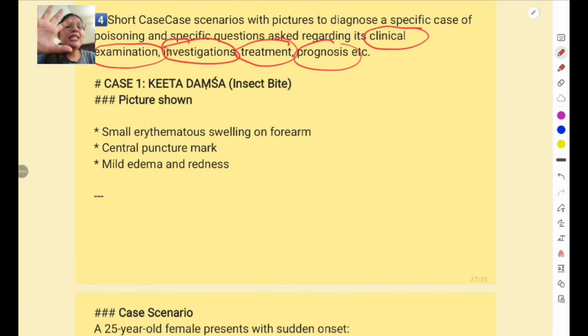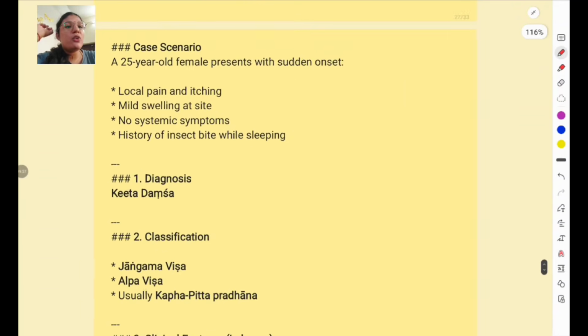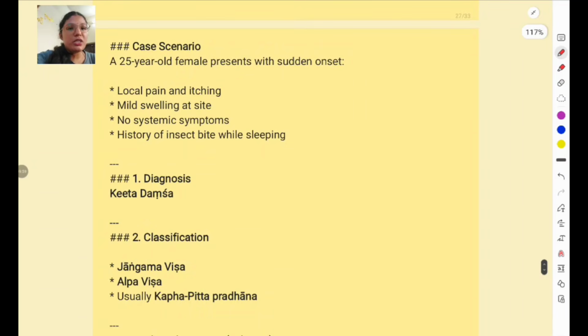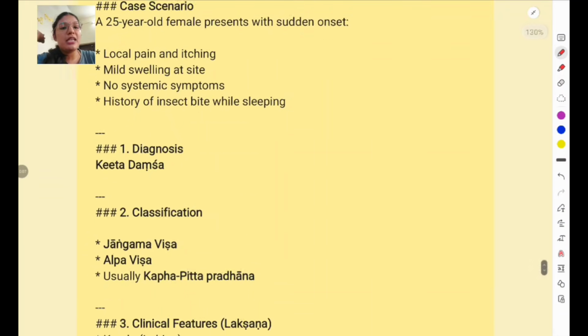Here I have written for Kita Damsha. There will be an insect bite or snake bite case, and the feature is a small erythematous swelling on the forearm with a central puncture mark, mild edema and redness. A 25-year-old female presents with sudden onset local pain, itching, mild swelling at the site, no systemic symptoms, but a history of insect bite while sleeping. Diagnosis: Kita Damsha.